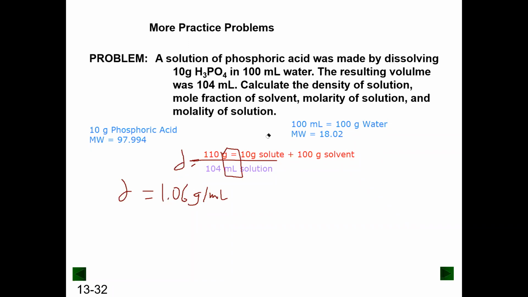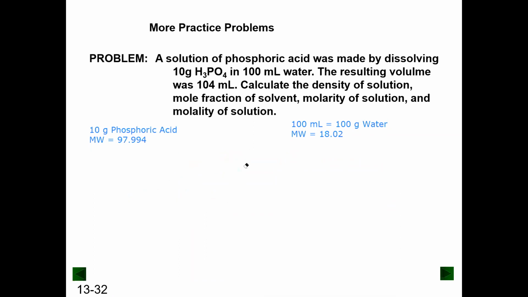Does anyone else still need time to copy anything? All right. Go ahead and erase this. That is a good tip. So I'm keeping this information here, right? Now I'm going to calculate the moles of my solute, which is my phosphoric acid. That's easy. We do 10 divided by 97.994.